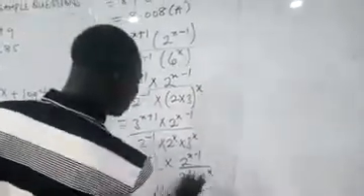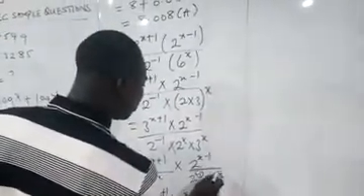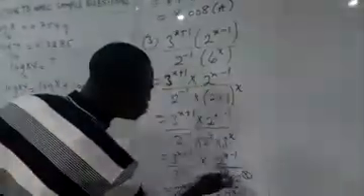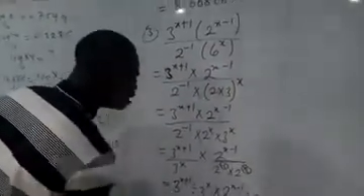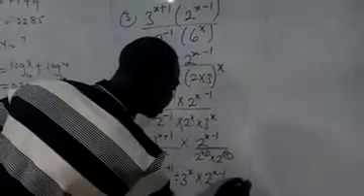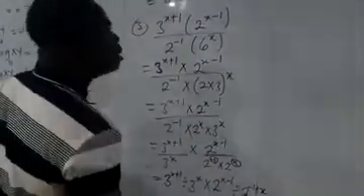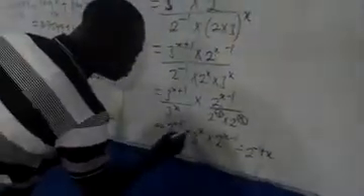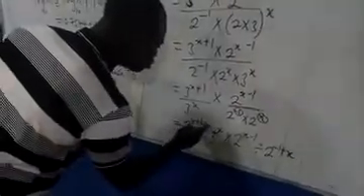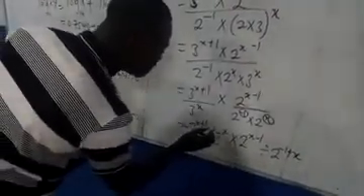raised to the power. This one can come together when they are multiplying and they are of the same base. What do you do to the powers? You add them. So this is x or minus 1 plus x. Okay, so we can now have something like this as 3. If it is division, when they are dividing and they are of the same base, you know you subtract. So x plus 1 minus x.